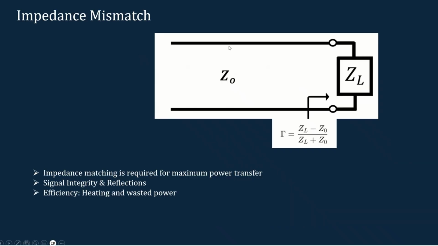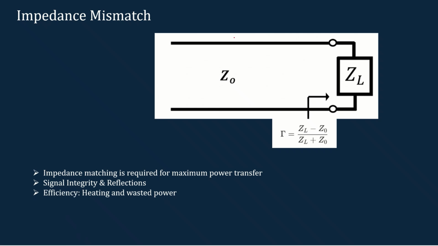If you consider a system consisting of the load, connected to the source through a transmission line having the characteristic impedance of Z0. If there is an impedance mismatch between the load and this transmission line, that is, if ZL and Z0 are not equal, there will be some reflections happening between them.